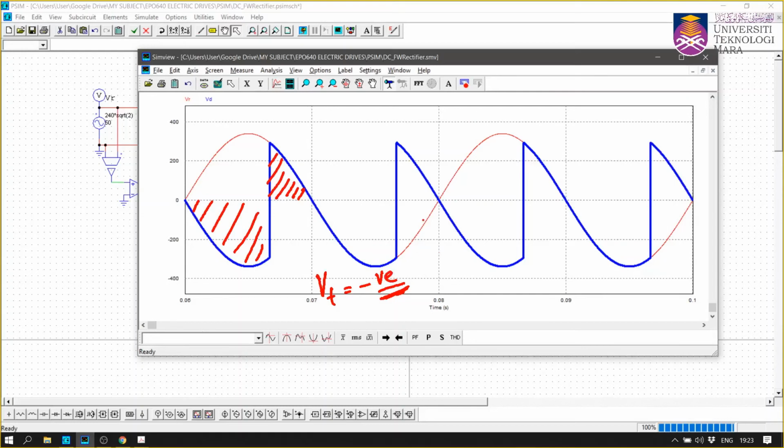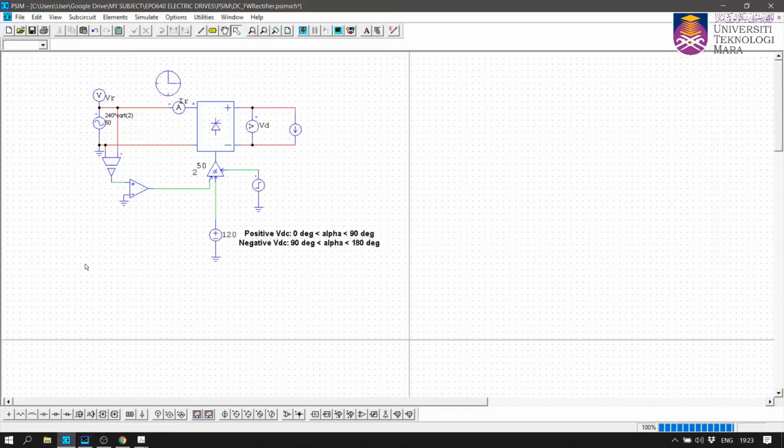So if you operate the motor with alpha from 90 to 180 degrees, you will see that the voltage is no longer positive but turns out to be negative.